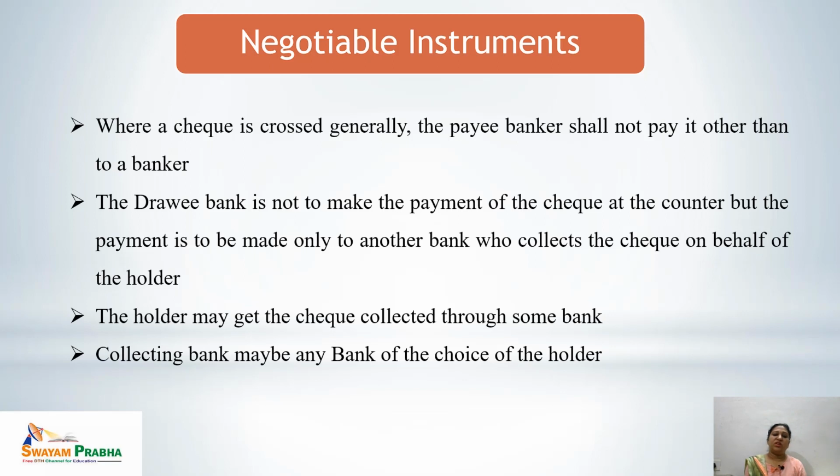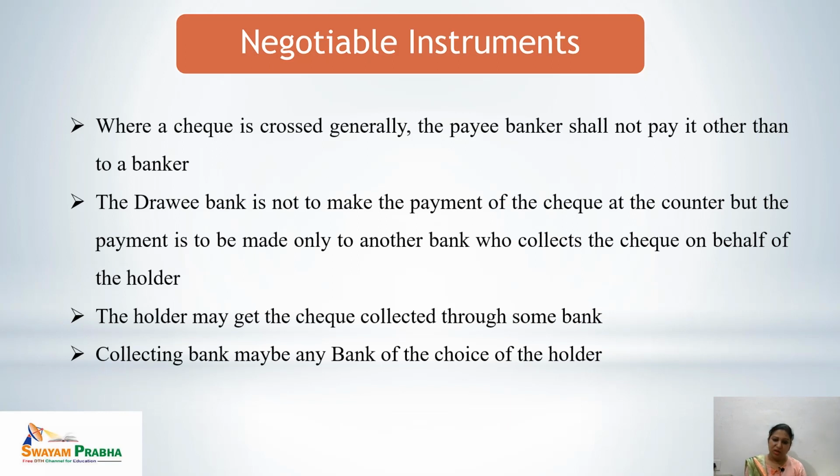So when a check is crossed generally, the paying banker shall not pay it other than to a banker. It means the check would be paid only to a banker. The drawee bank is not to make the payment of the check at the counter because it is a crossed check, but the payment is to be made only to another bank which collects the check on behalf of the holder.